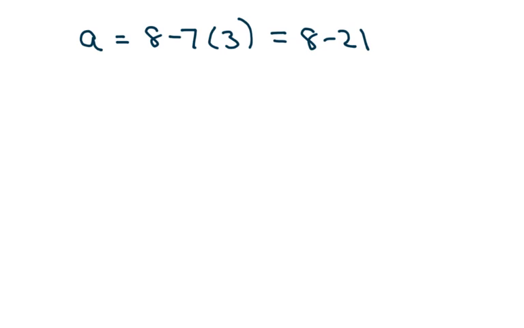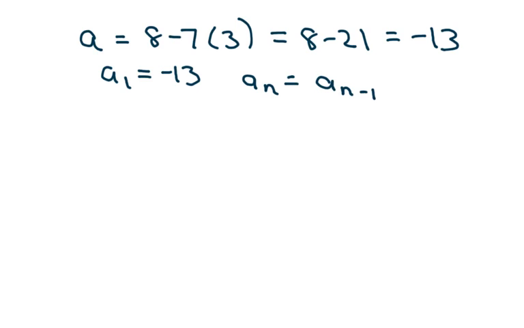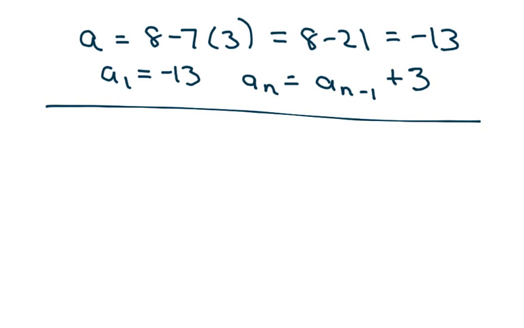So first of all, we know the first term equals 8 minus 7 times 3, which equals 8 minus 21, which equals negative 13. So the recursive formula is a sub 1 equals negative 13, and a sub n, therefore, equals the previous term plus your common difference of what? 3.